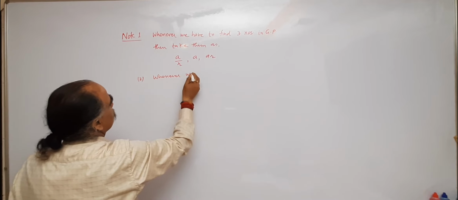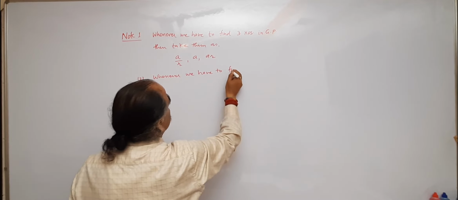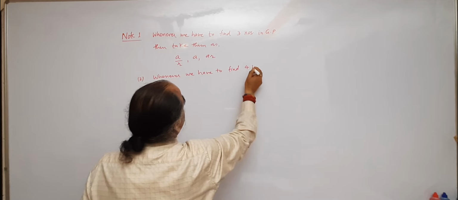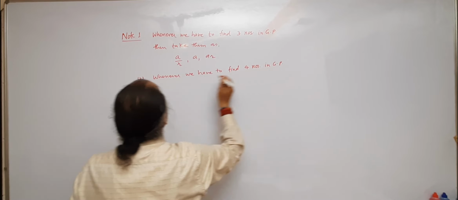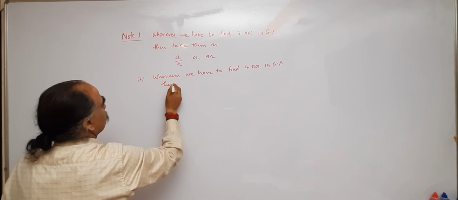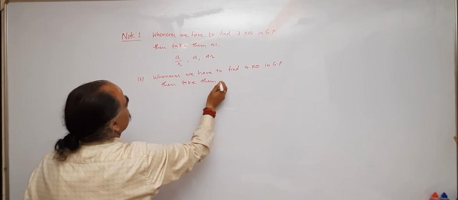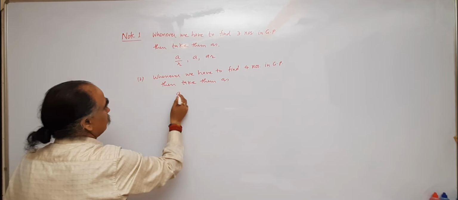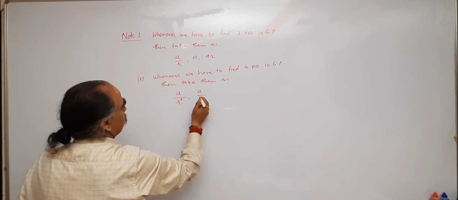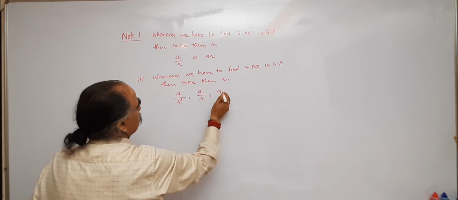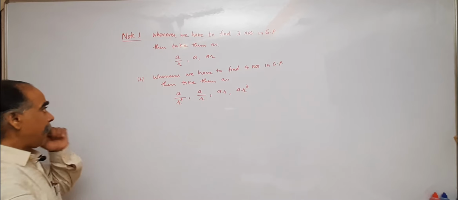Whenever we have to find four numbers in GP, then take them as A upon R cube, A upon R, AR, AR cube.